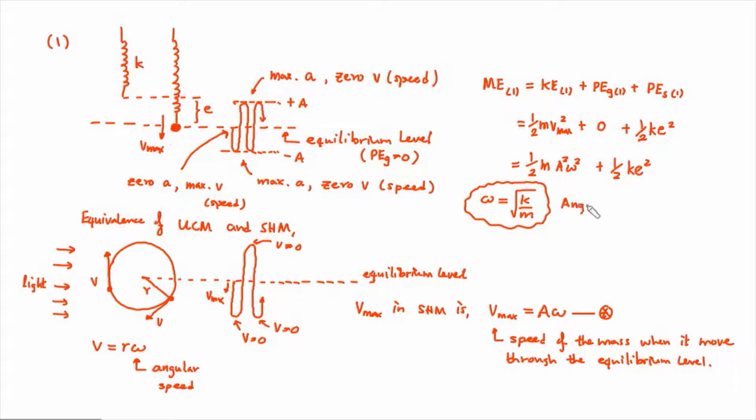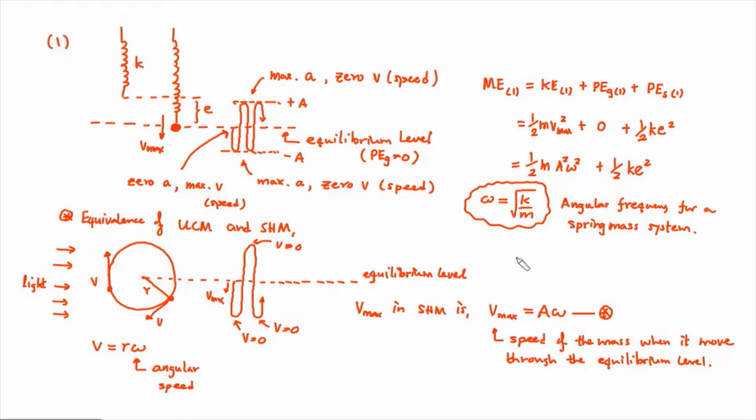Angular frequency for a spring mass system. Sometimes this is called angular speed because, as I told you, it has this relationship with uniform circular motion. So sometimes it's called angular speed, but in this case I think it's appropriate to say angular frequency.